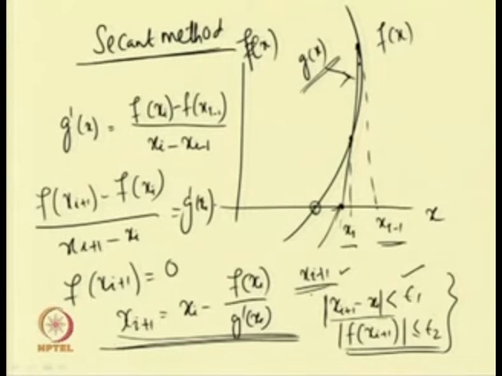Here we have to take 2 points, one x i minus 1, the other x i, then find the functional value at x i, and then the slope. To find the slope, we can use the information about these 2 points. Then after finding the slope and the functional value at x i, and taking the previous value x i, we can obtain x i plus 1.